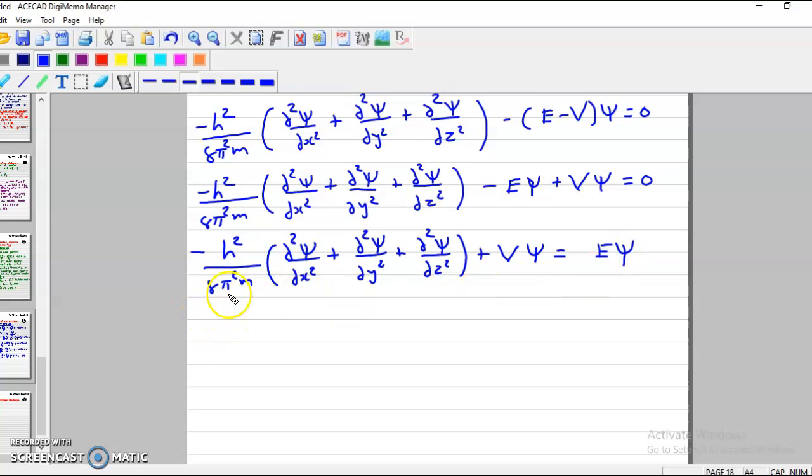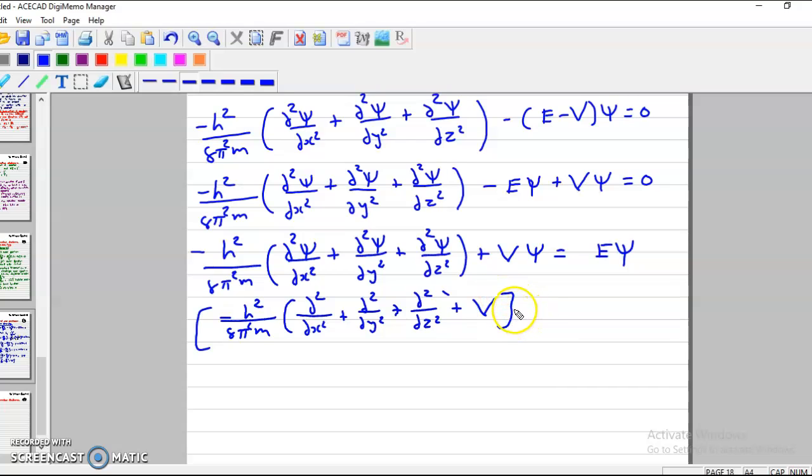Now from left hand side we can keep psi common, so we write [minus h square upon 8 pi square m (del square upon del x square plus del square upon del y square plus del square upon del z square) plus capital V] psi is equal to E into psi.